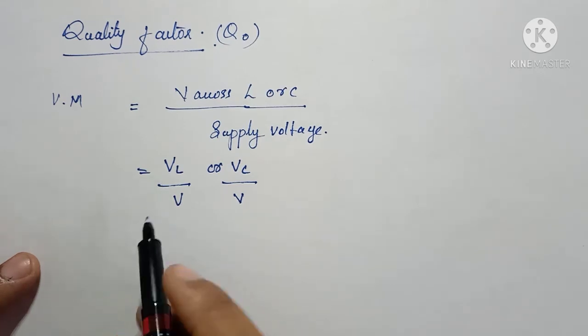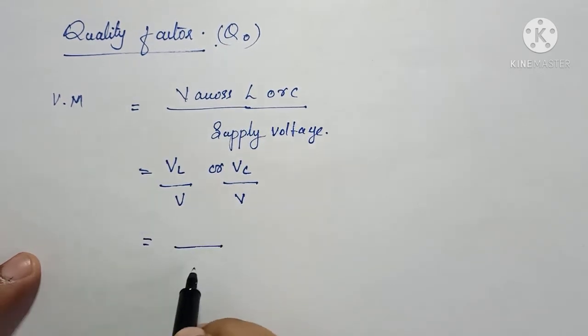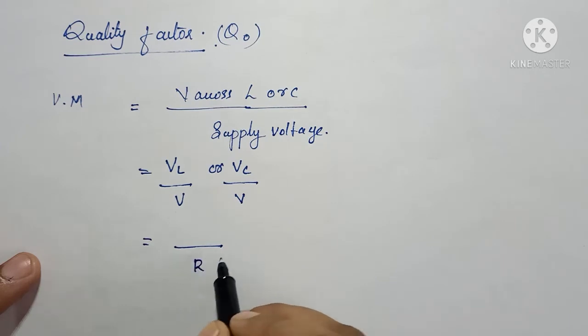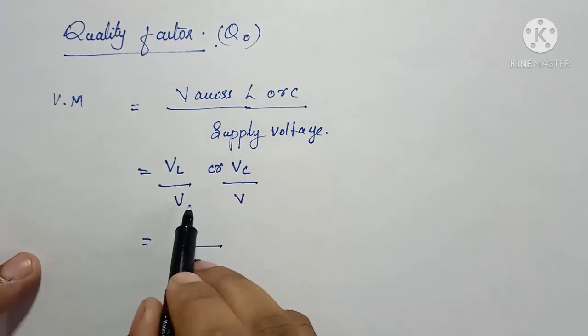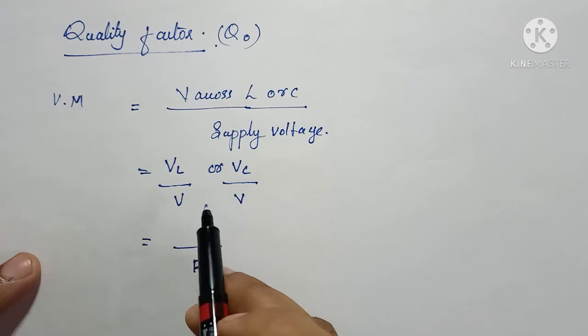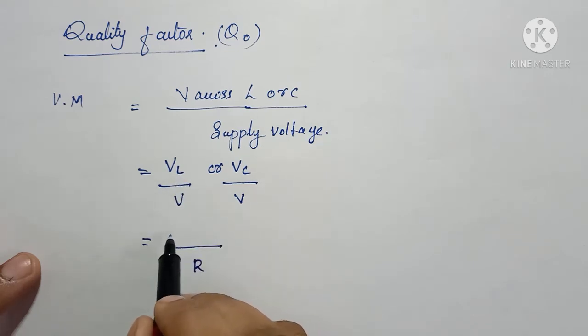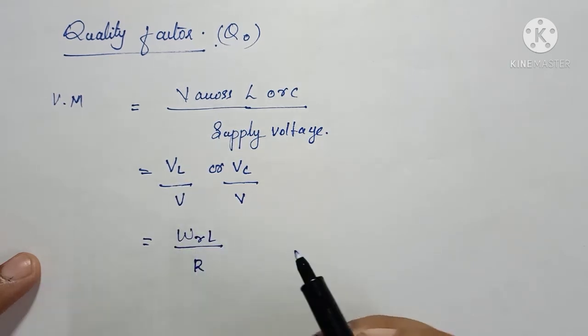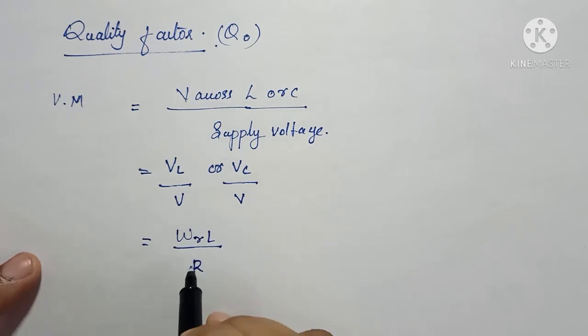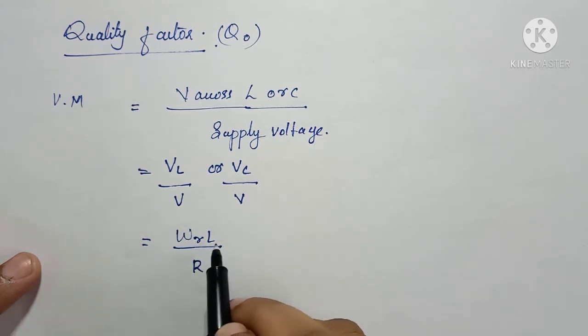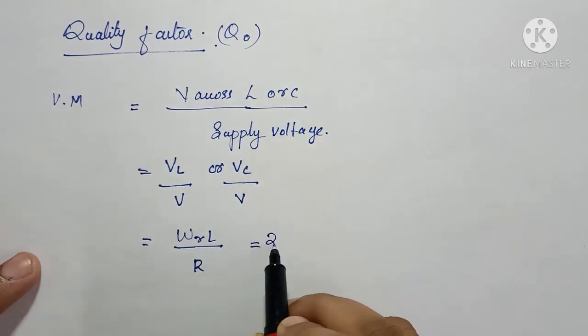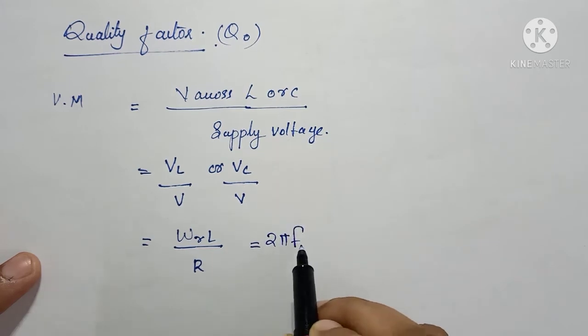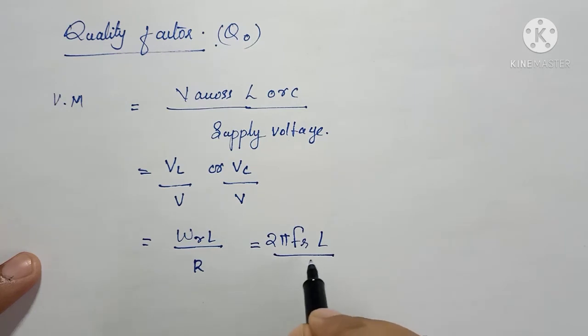So we can write here as R, and in the numerator we can take the inductive effect, omega R into L, divided by capital R. What is this omega R? Omega R is nothing but 2 pi FR.